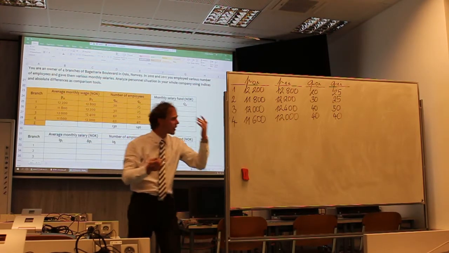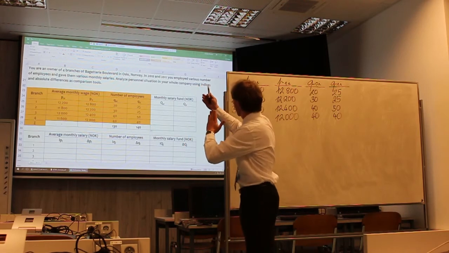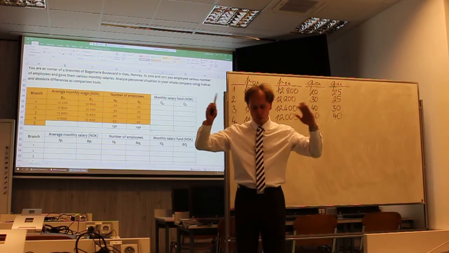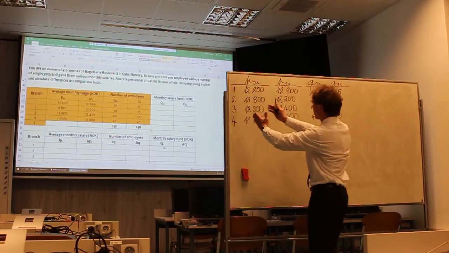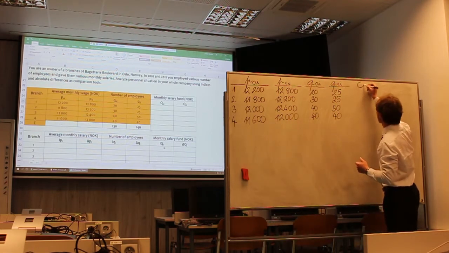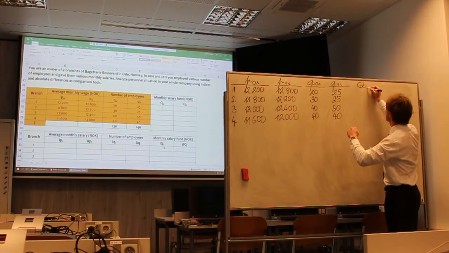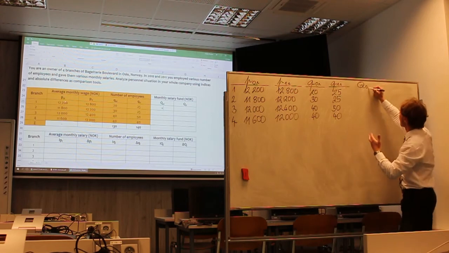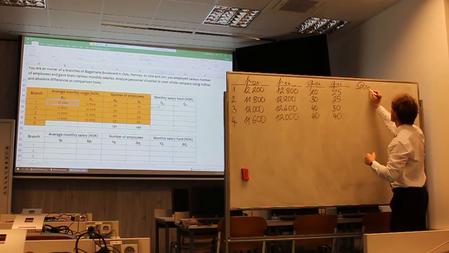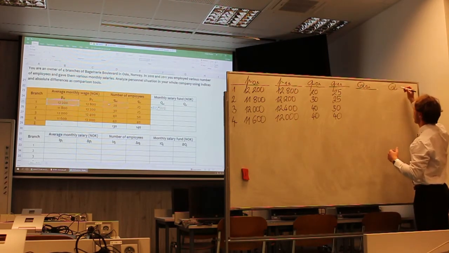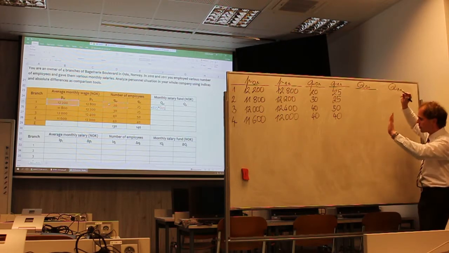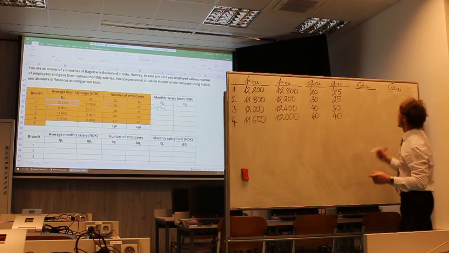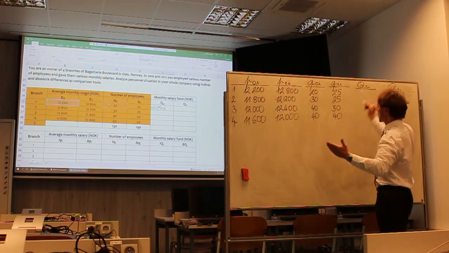Okay, so we can calculate monthly salary fund, the sum of money which you need for your employees in each branch office. So, capital Q in period 0, in the case of each branch office, and capital Q in period 1, in the case of each branch office. Okay. How can we calculate this?